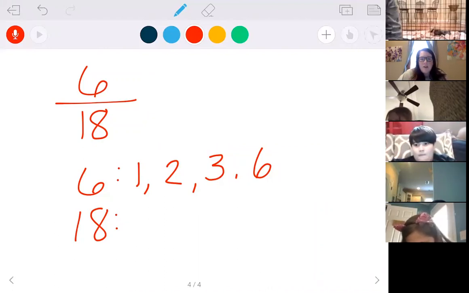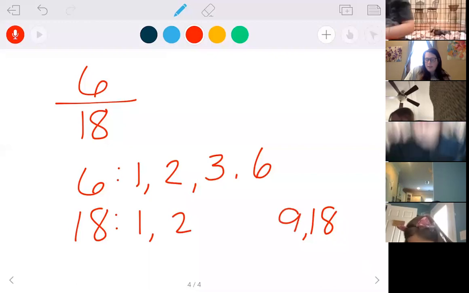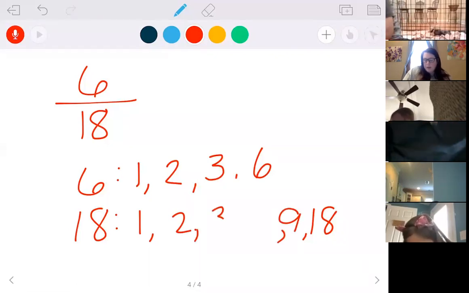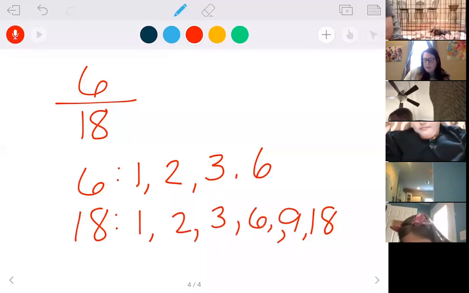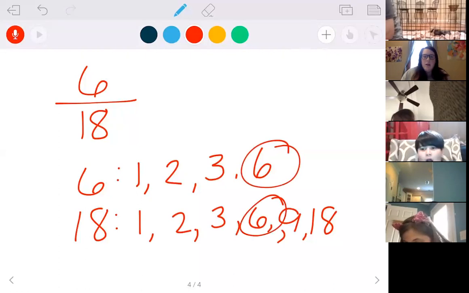Factors for 18, there's going to be a little bit more because it's a bigger number. So I can do 1 times 18. I could do 2 times 9. I can do 3 times 6. Okay, so if I look, my GCF is going to be 6.